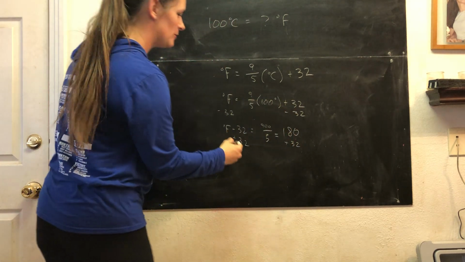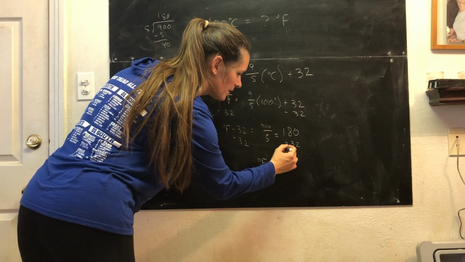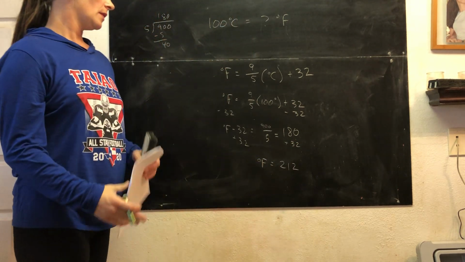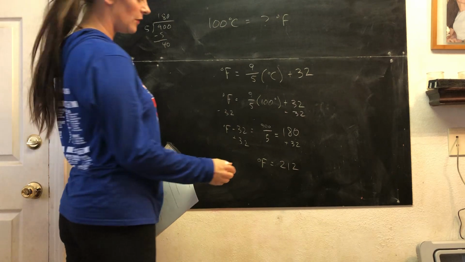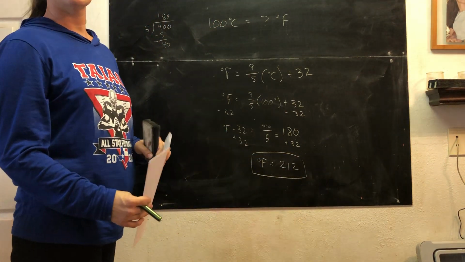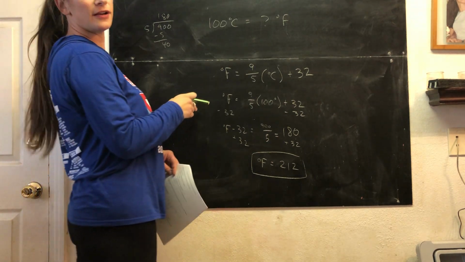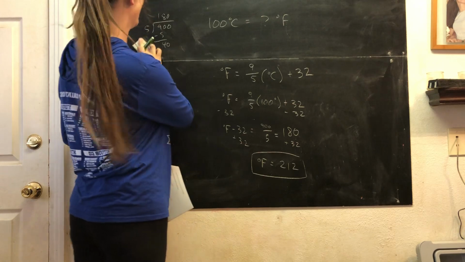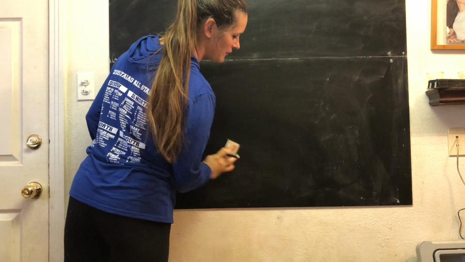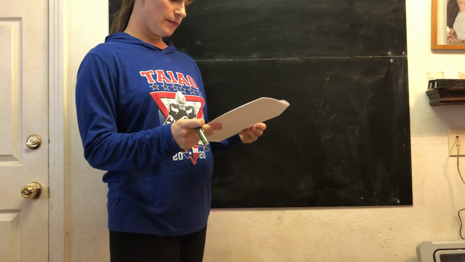I didn't have to actually subtract that though. F equals 212, right? And we know that's right because water boils at 212 degrees Fahrenheit. Okay? So you should be able to use this equation a little bit more elegantly than I did. And go both ways with it too, not just from Celsius to Fahrenheit, but from Fahrenheit to Celsius.